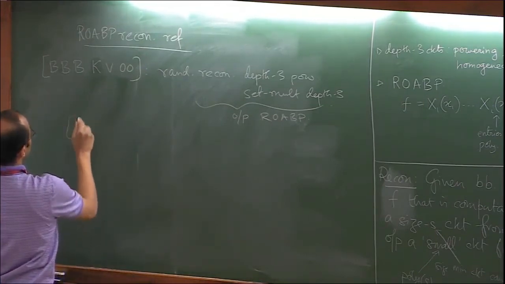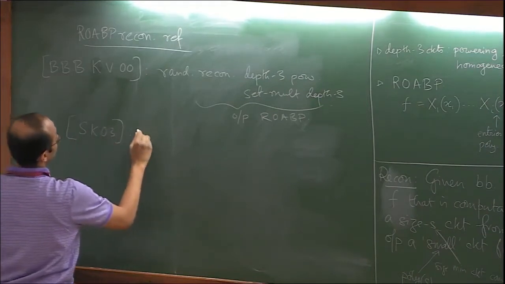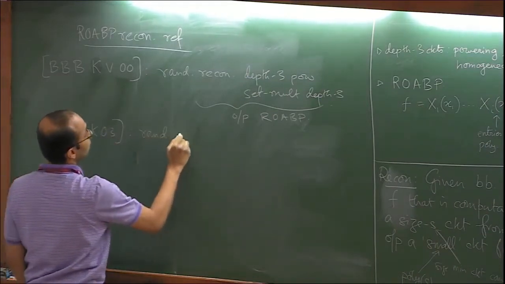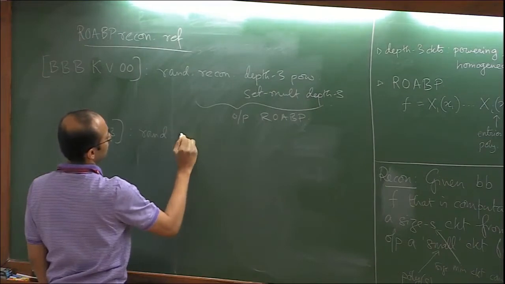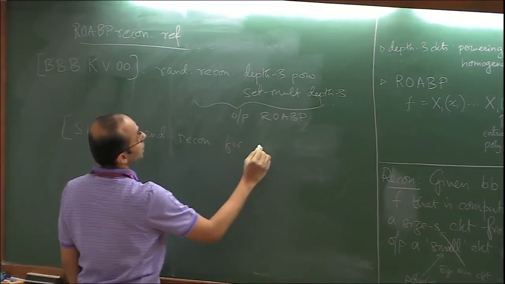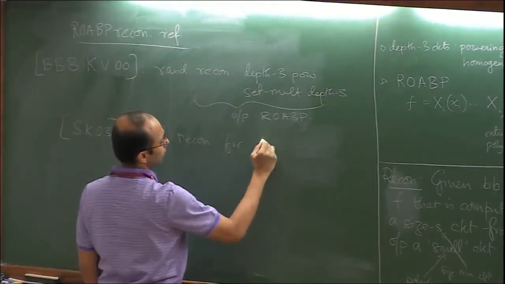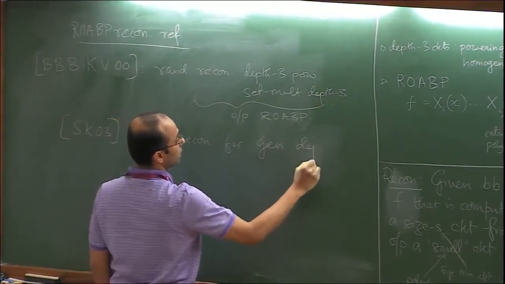Building upon their work, Klivans and Shpilka gave a randomized reconstruction for general depth 3 circuits.